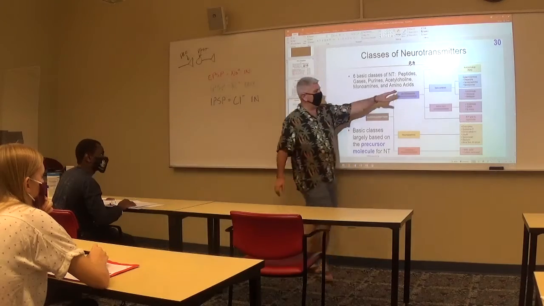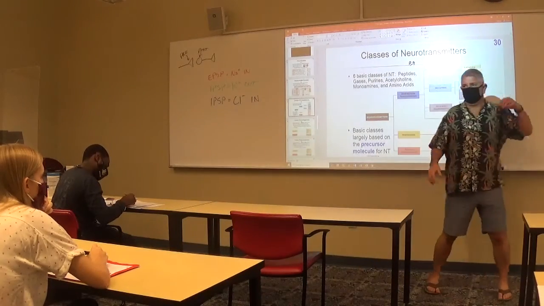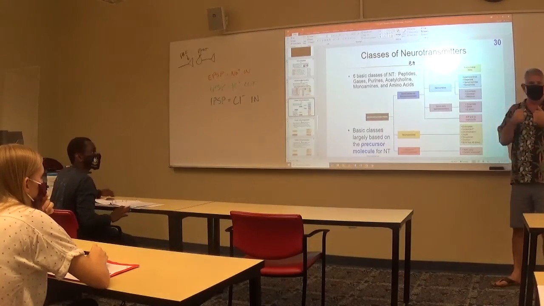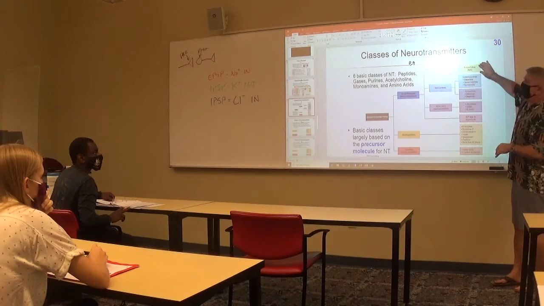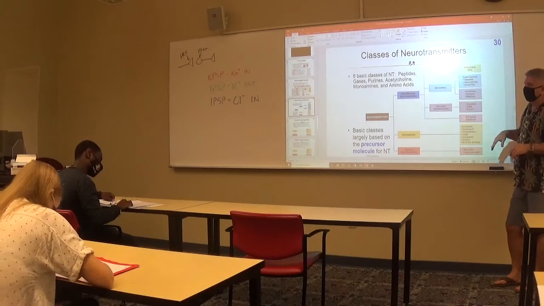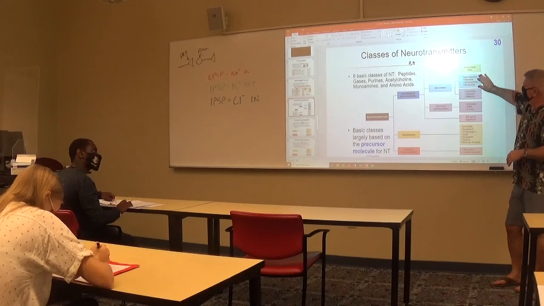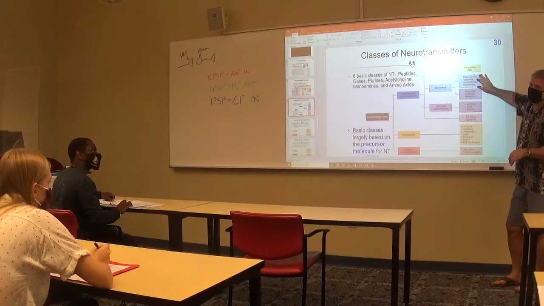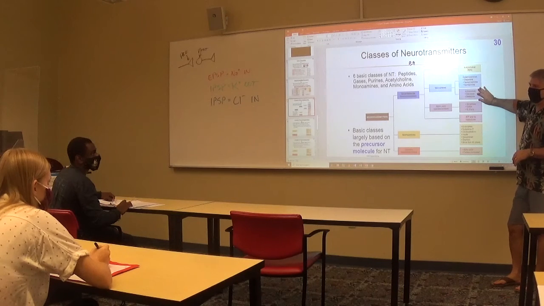So acetylcholine is the only neurotransmitter that's made with choline and acetyl coenzyme A, so it's its own class. Okay. The monoamines, or the catecholamines, all originate from tyrosine, and the indolamines all originate from tryptophan.